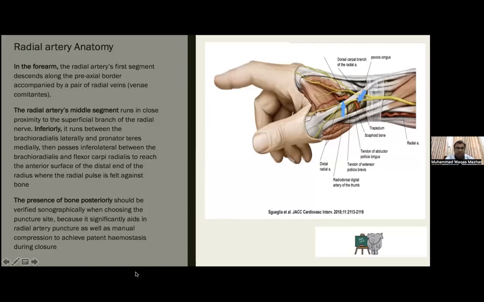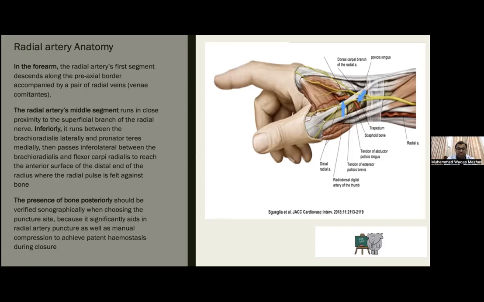This is the radial artery anatomy. In the forearm, the radial artery first segment descends along the preaxial border, accompanied by a pair of radial veins called the vena comitans. The radial artery middle segment runs in close proximity to the superficial branch of the radial nerve. Inferiorly, it runs between the brachioradialis laterally and pronator teres muscle medially.